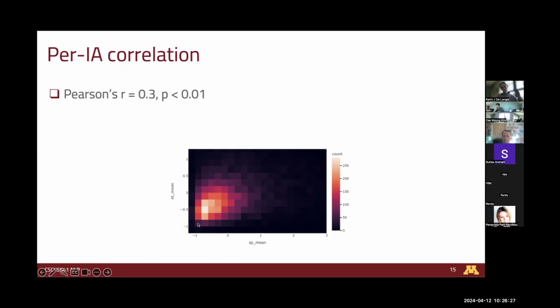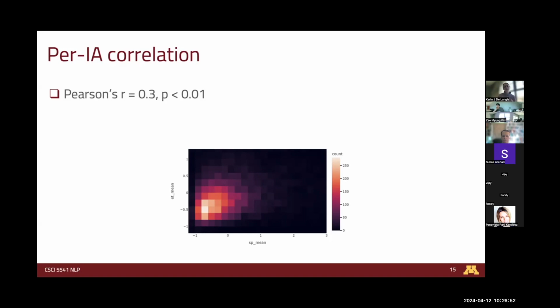And we see that there is some correlation trend here in this data. If we do Pearson's R, we get a correlation coefficient of about 0.3. It is statistically significant, but it's not the highest correlation value we could have.